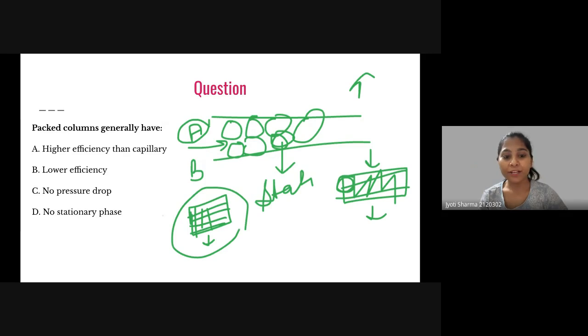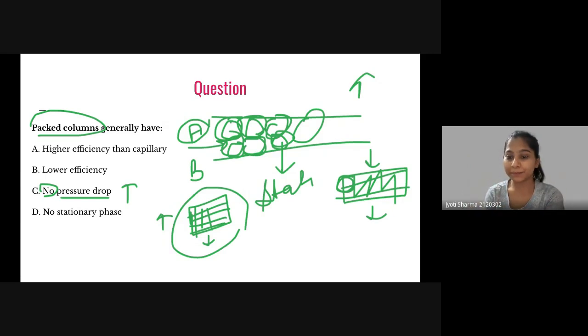Because the pressure drop will increase, and gravity will not help your drop to go down. If I take the example of the packed column, we have a lot of molecules here for the stationary phase, and because of that the pressure drop will increase. So if I say no pressure drop, no, there will be a pressure drop. So C should not be the right answer.